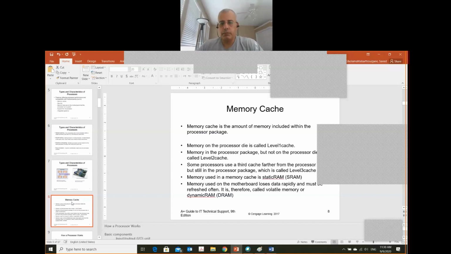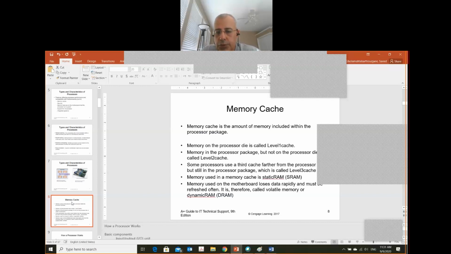Inside a processor, we can define a kind of memory, which is the fastest type of memory inside the computer. This is called cache. Memory cache is the amount of memory included within the processor package. We have 3 levels of cache. Memory on the processor die is called level 1 cache. Memory in the processor package, but not on the processor die, is called level 2 cache.